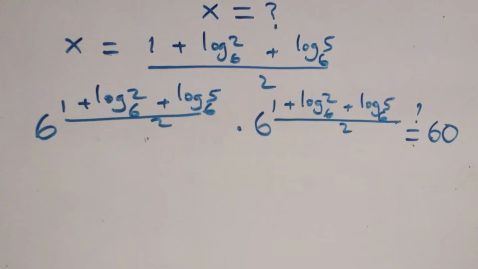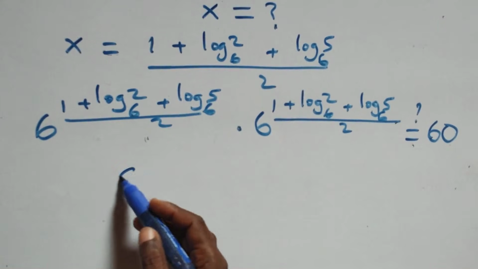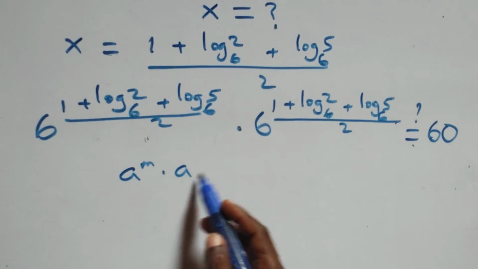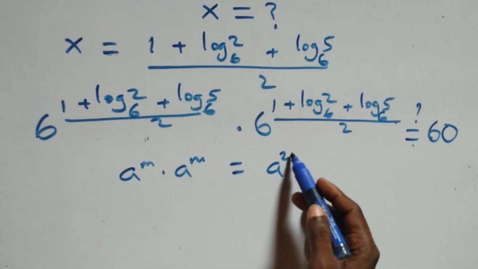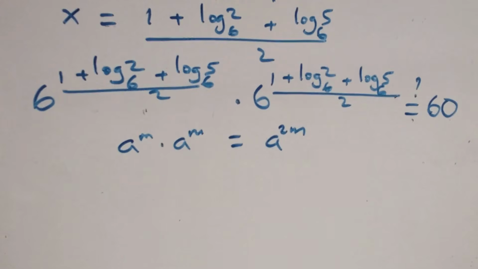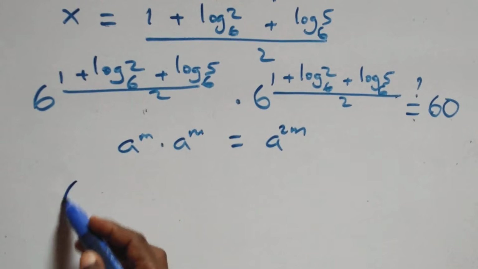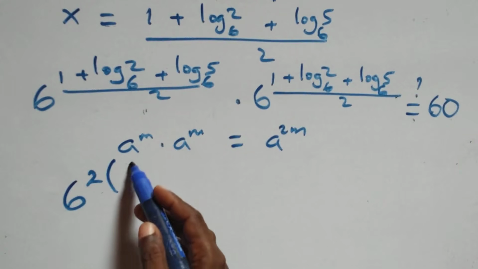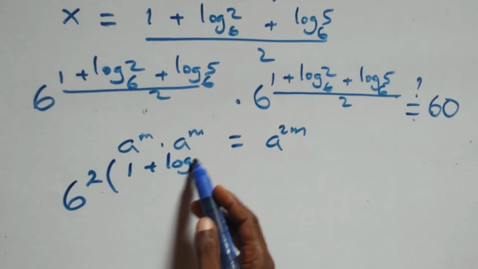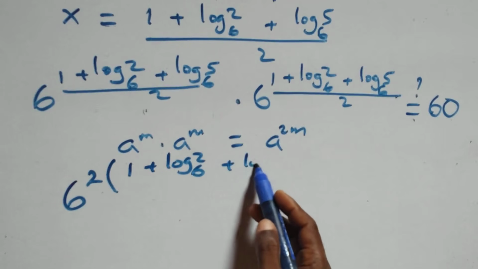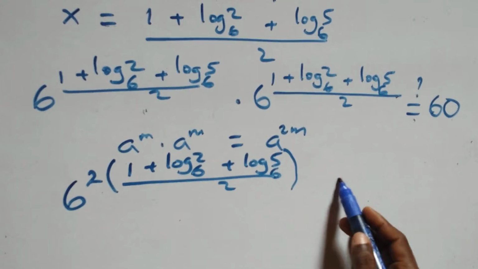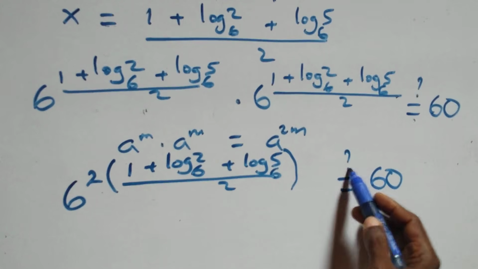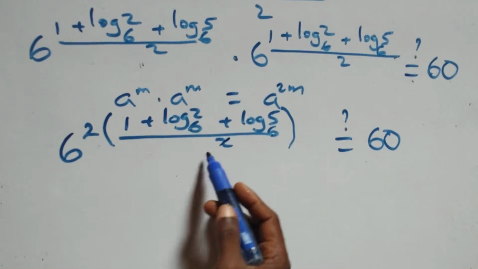Here this follows when we have the same base multiplying: a raised to power m times a raised to power m is the same thing as a raised to power m plus m, that's 2m. That is what we have here, and it becomes 6 raised to power 2 times (1 plus log 2 base 6 plus log 5 base 6) all over 2 equals 60. And in this power multiplication, the 2 cancel each other.